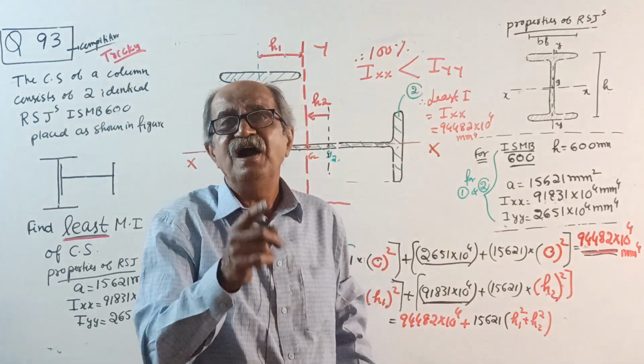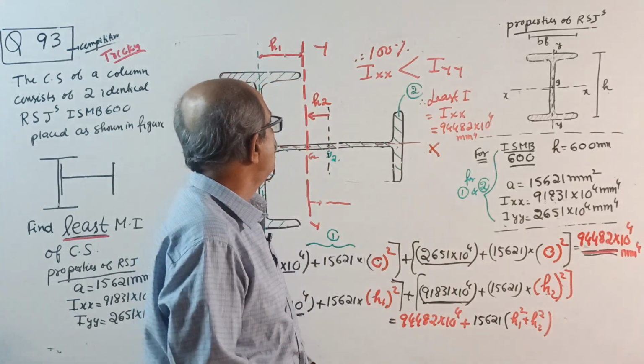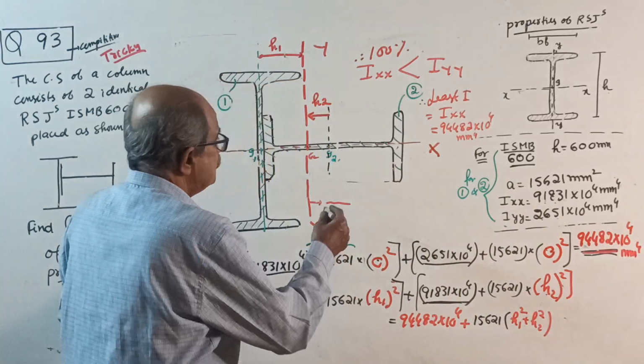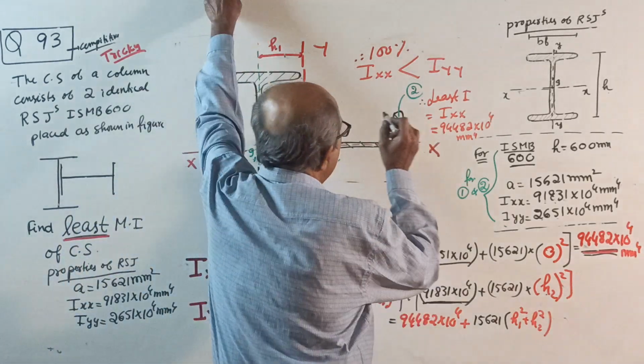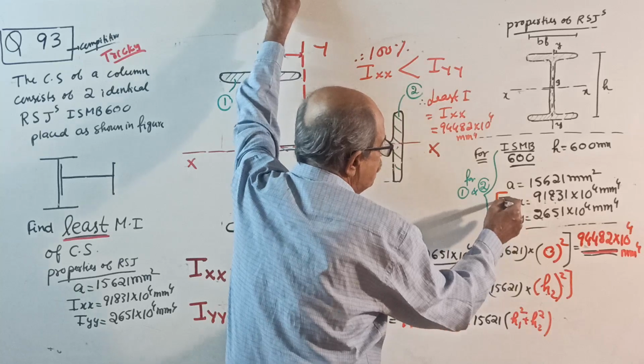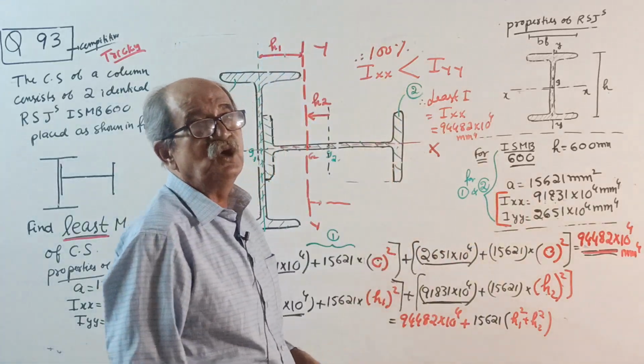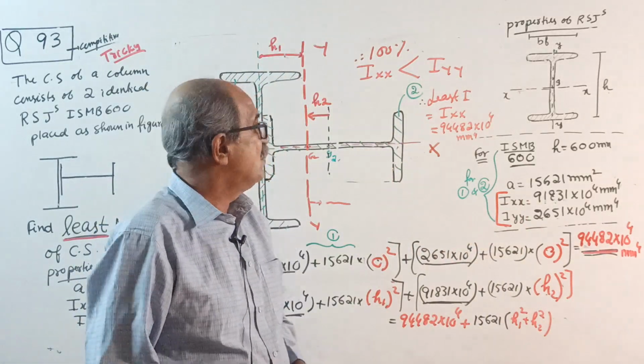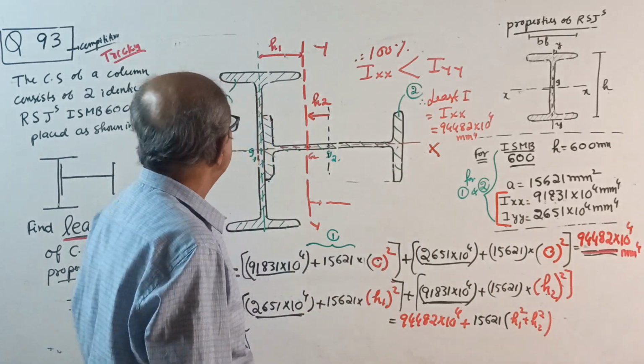Why? Area into distance square will be there. If you think that much, least I is directly the sum of these two. Once you know the concept, without writing any sketch, you can solve this question.